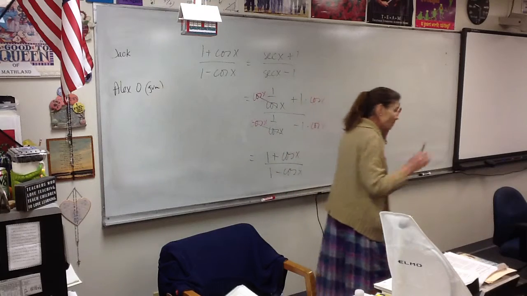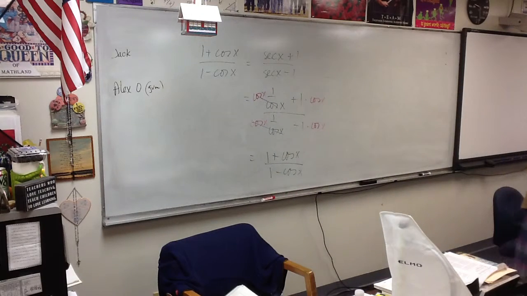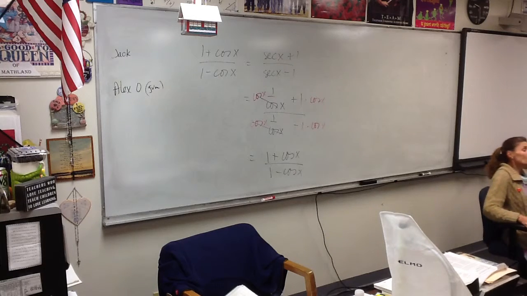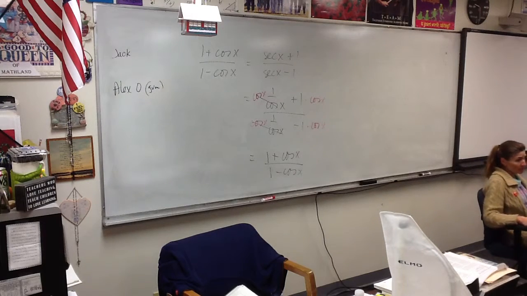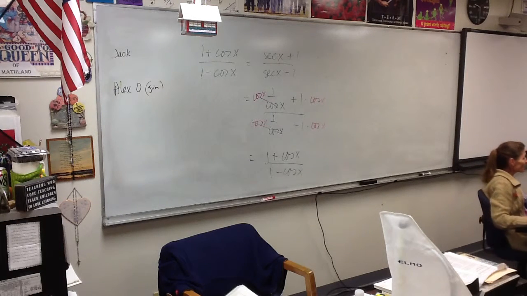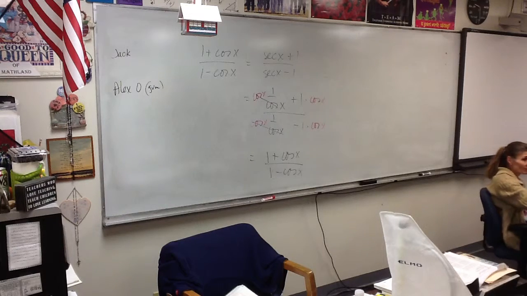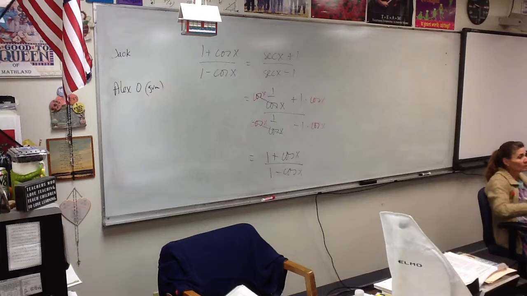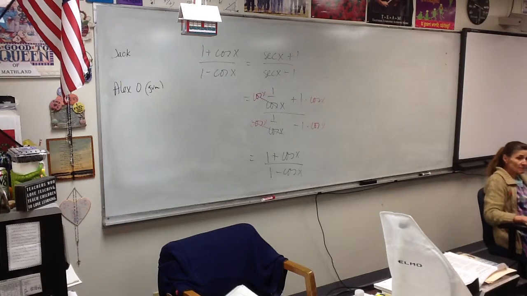Secants are 1 over cosine, so it makes sense to make that change. When you have a complex fraction, little fractions inside a big fraction, multiply each term by the common denominator, and that will clear out those little fractions for you. In this case, it gave us what we wanted.